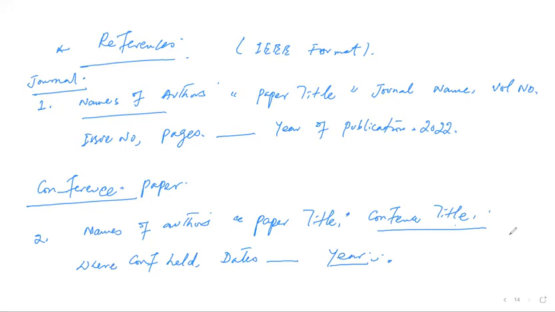So this is the conference paper pattern that you have to follow. There is no issue number, no page number, no volume, but you only have to add the location, which means the city and the country. So in which country it was held, what were the dates, and in which year it was held.